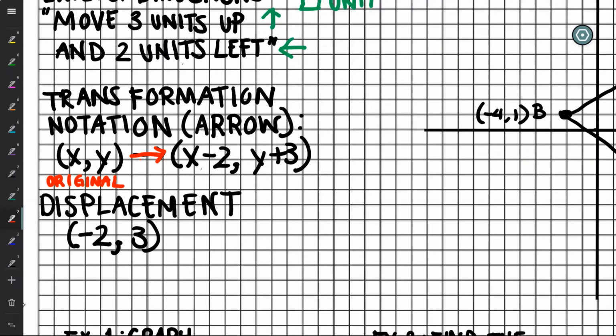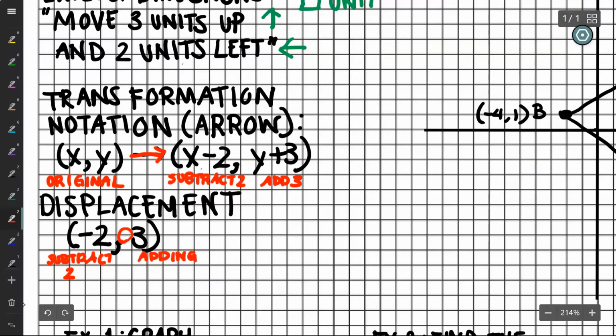In this example, we are subtracting 2 from our x and adding 3 to the y. And displacement tells us that, again, we're subtracting 2, and then because there's no sign in front here, that means we're adding 3.